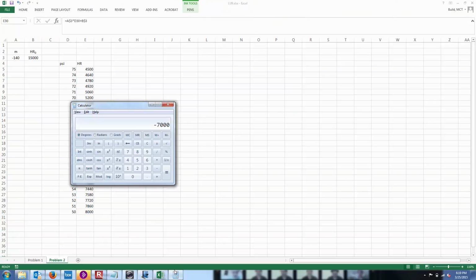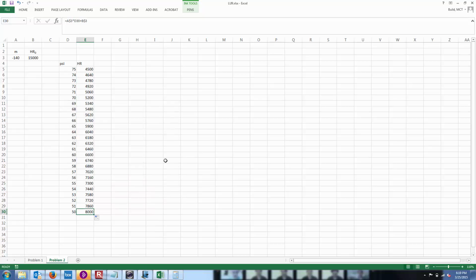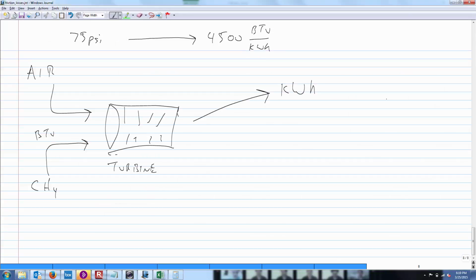The numbers are going to be small, but that's okay. So let's just do 4,500, and let's throw a 1 over x at that. Equals 0.000222 kilowatt hours per BTU.